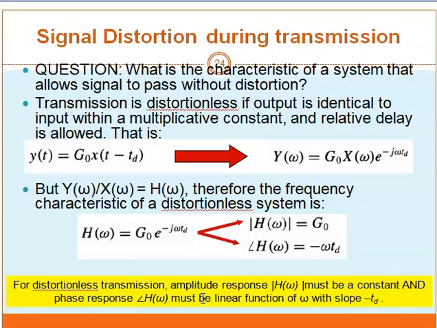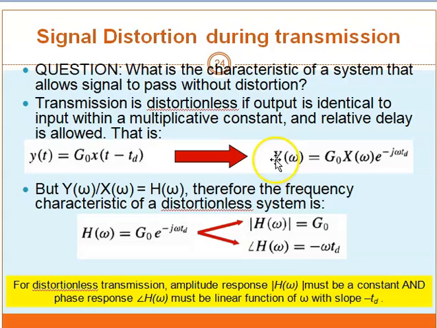A transmission is distortionless, meaning no distortion, only if the output is identical to the input within a multiplicative constant, and a relative delay is allowed, where you have y(t) equal to g0 x(t minus td). So g0 here is the multiplicative constant and minus td here is the relative delay.